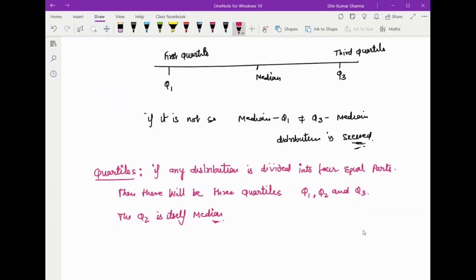Hence we need to determine quartile 1 and quartile 3. Quartile 1 is known as the lower quartile, and quartile 3 is known as the upper quartile.